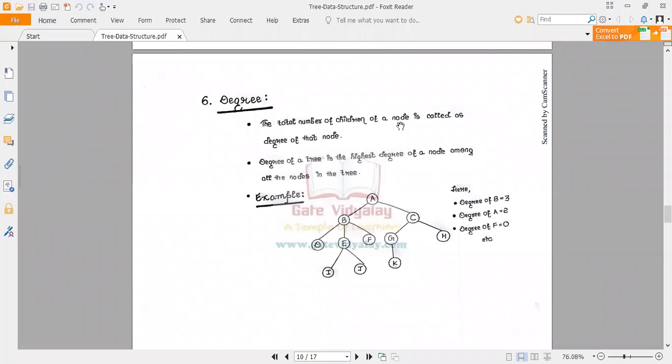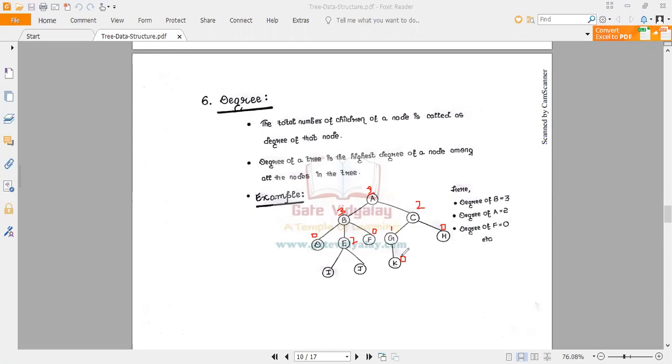Alright. So likewise, we can say A's degree is 2, B's degree is 3, C's degree is 2, E's degree is 2, D's degree is 0, F's degree is 0, G is 1, H is 0, and K is 0.